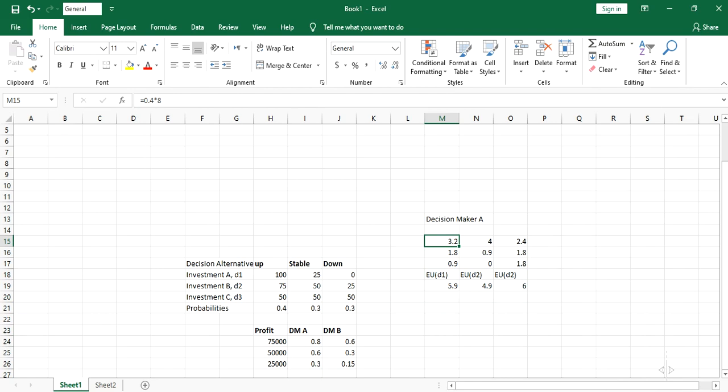For the expected value of decision 1, investment A, we calculate it in this way.